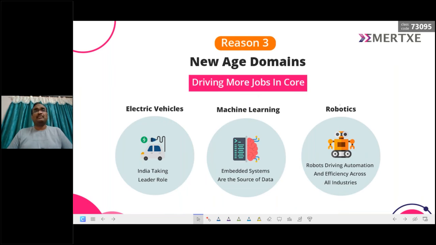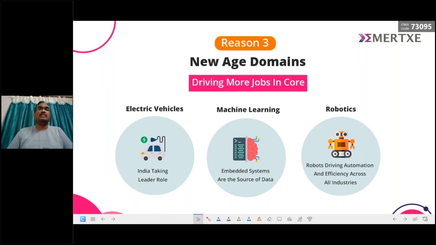Third one, as I already mentioned, we are seeing new trends in technology. For example, electric vehicles are one major phenomenon. Of course, companies like Tesla are making such smart cars in the US. But if you look at Asian countries on the eastern side of the world, like China, India, Thailand, Singapore, we are still a two-wheeler driven region. In electric two-wheelers, India has a lot of opportunity to become the world leader, similar to how it became a world leader in petrol-based two-wheelers.